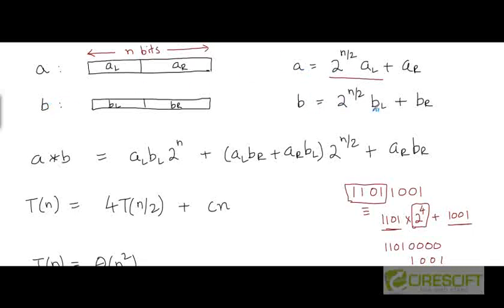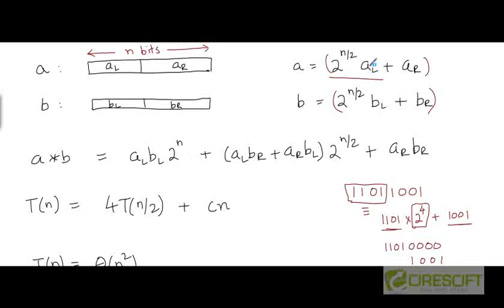Because if a and b are given by these two expressions, then their product, if you multiply these two expressions term by term, this term multiplied by this term will yield a sub l multiplied by b sub l multiplied by 2 to the power n. That's the first term.